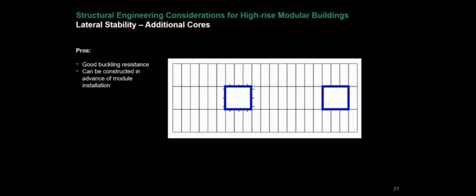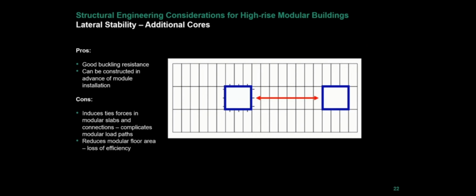So option A is we add another core. That's great for the overall structural design. We go on to the next slide then, but then you get that tie force between the two cores, which the modules have to transfer. That's unavoidable, complicates the modular design, or we have to brace the cores together. Not exactly ideal either, but is possible.